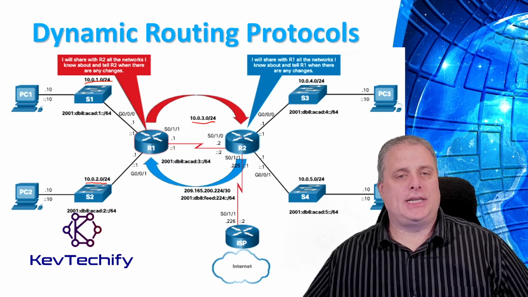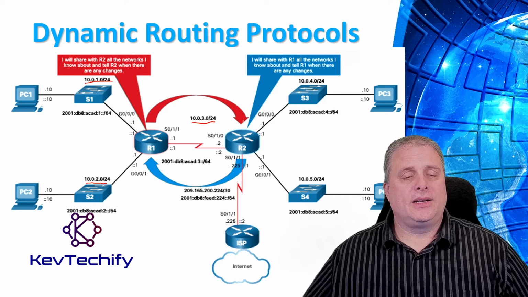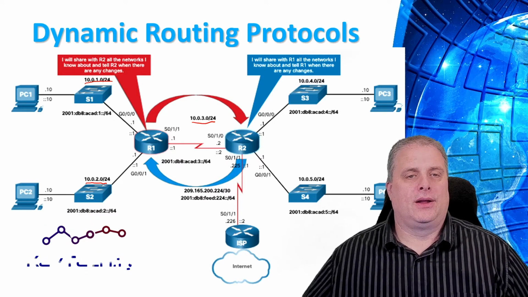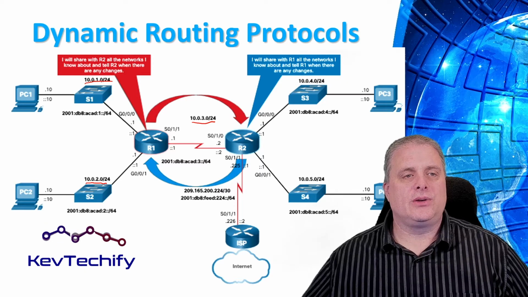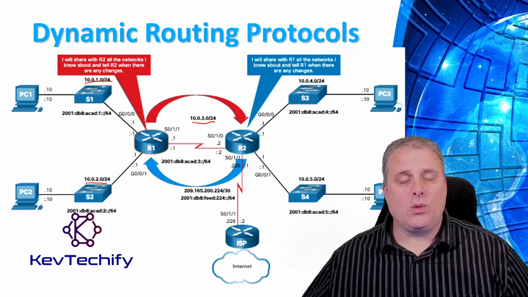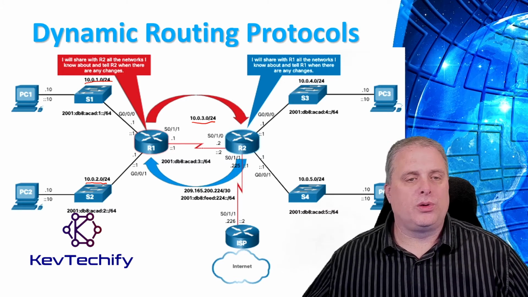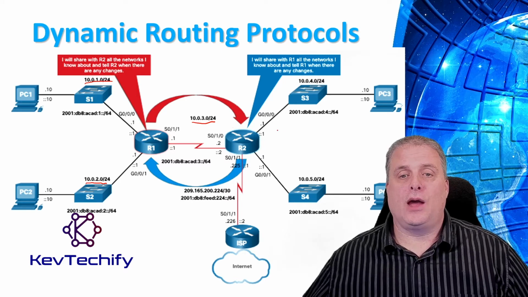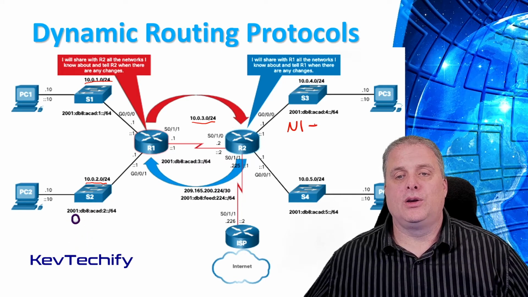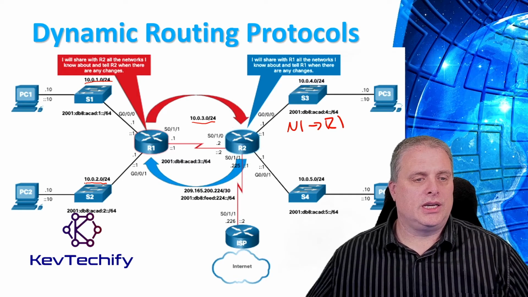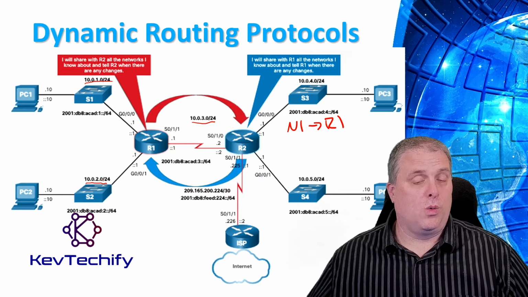R2 gets that share in, and then it compares it to the networks that are directly connected to it. It looks and says, okay, 10.0.1.0, that network is a remote network because I have to go through R1 to get there. But I now know how to get there. So for network 1, I have to go to R1 to get there. Then I look and see router 1 shared 10.0.2.0 with me.